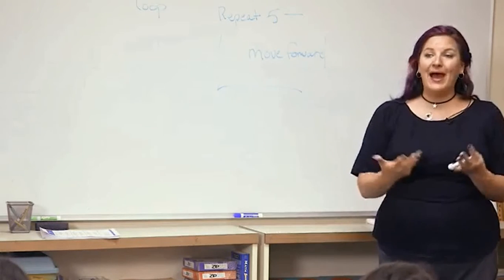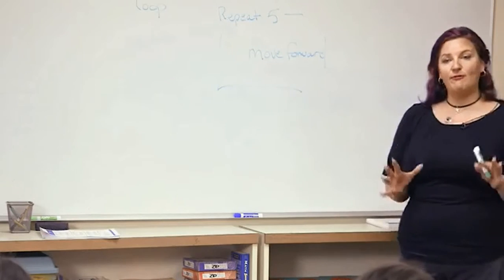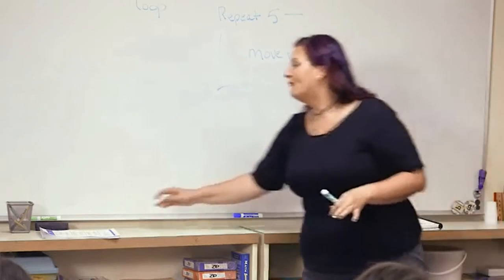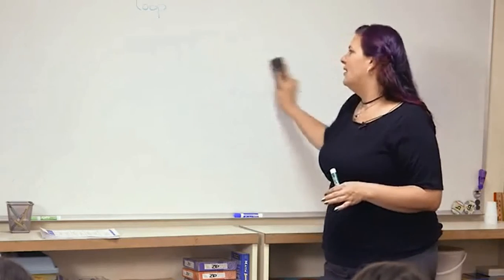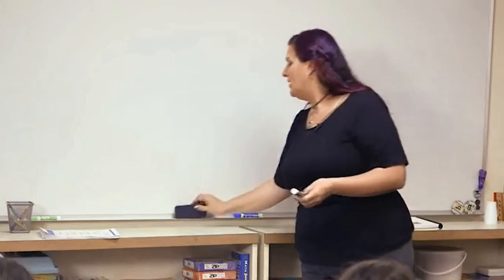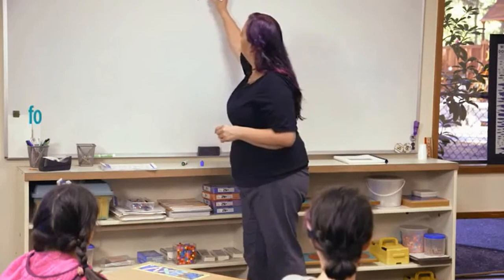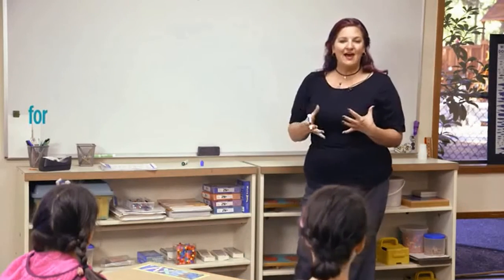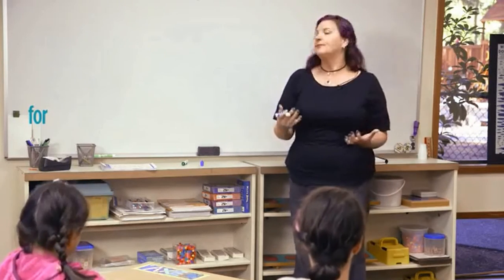But there's a more powerful loop out there that we're going to learn about today, and it's called the for loop. With a for loop, we get to choose where it starts. Maybe we want it to start at 0. Maybe we want it to start at 3, right? So we have a for loop, and then we have a variable or a counter of some kind.